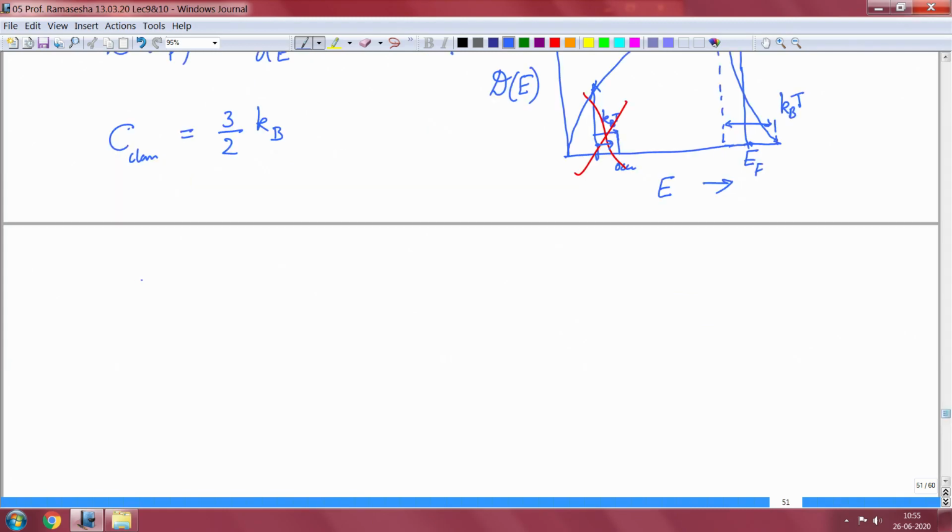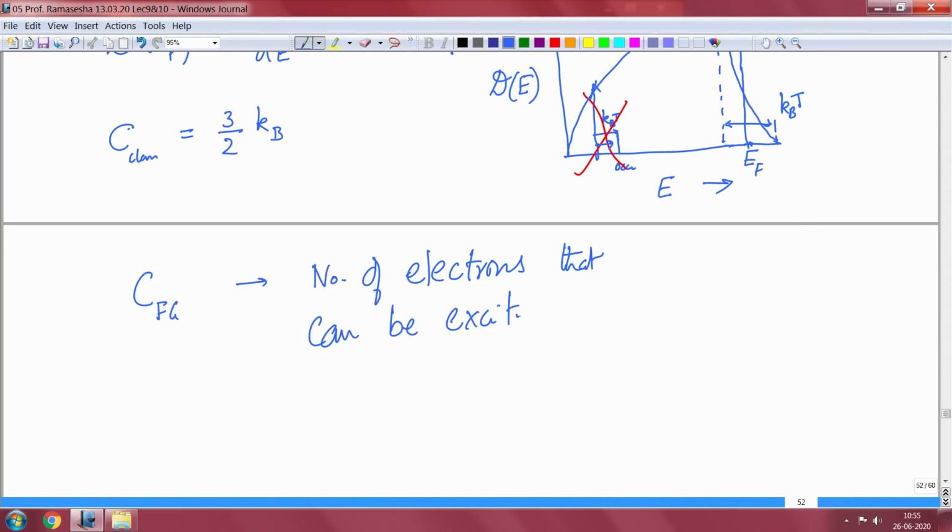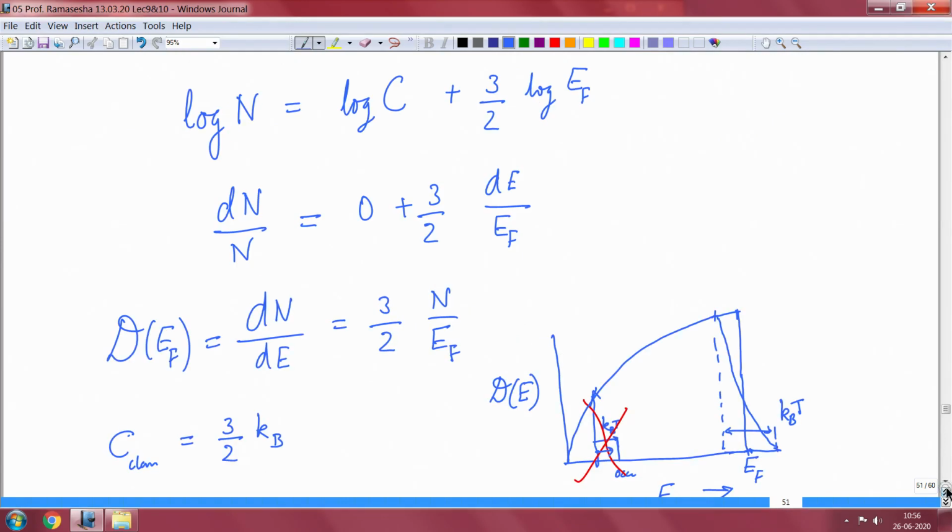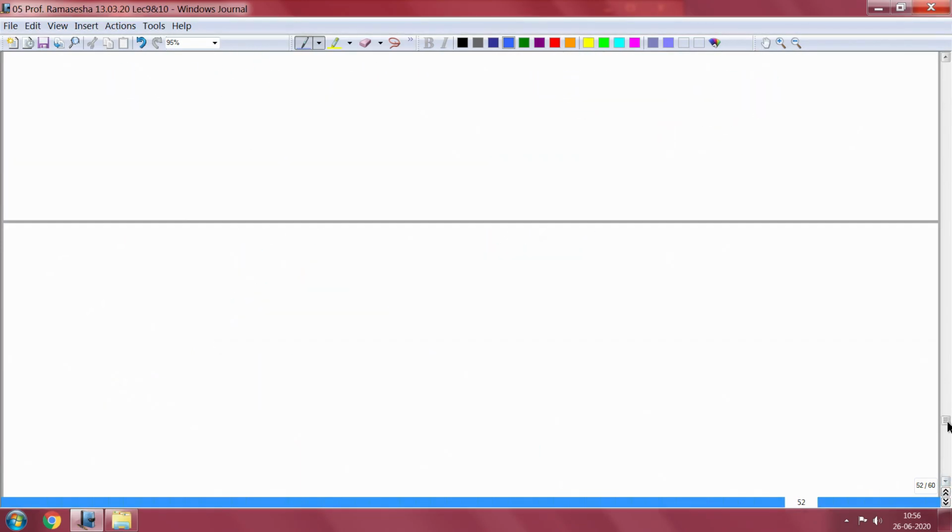So when I go to a Fermi gas, the number of electrons that can be excited is the fraction kBT by EF. So C classical will get reduced.